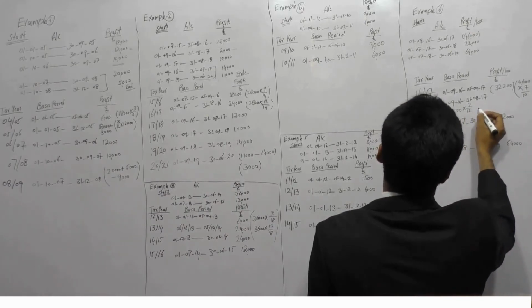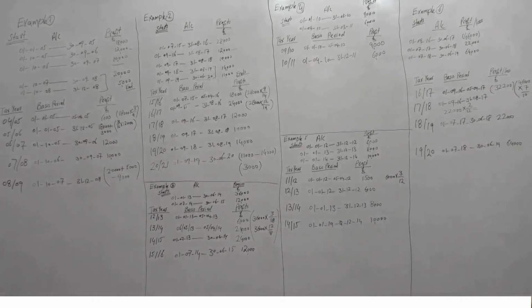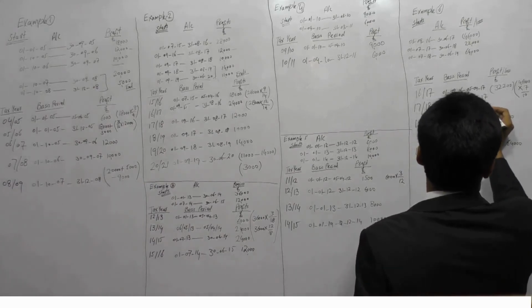So this is our profit. Actually, I will do it on the calculator as well. So 22,000 pounds multiplied by 2 over 12 is 3,667.